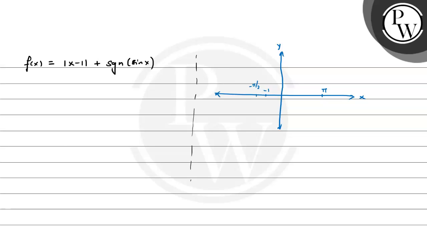So the sin x function will look like this: at minus pi by 2 the function takes minimum -1, so we have a hole at -1, and the function goes through 0, and at pi by 2 we have maximum value 1, and at pi, which is in our domain, we have a solid point. Such is the graph of sin x over the concerned interval, that is -1 to pi.